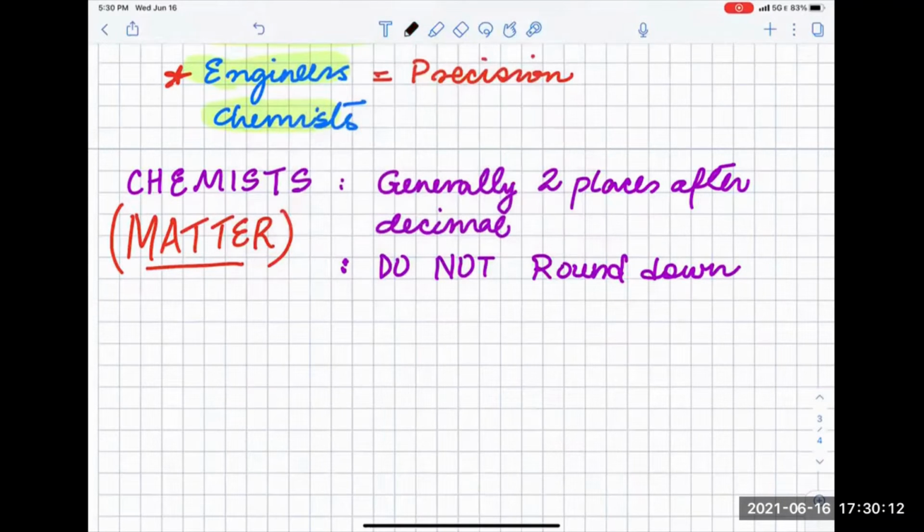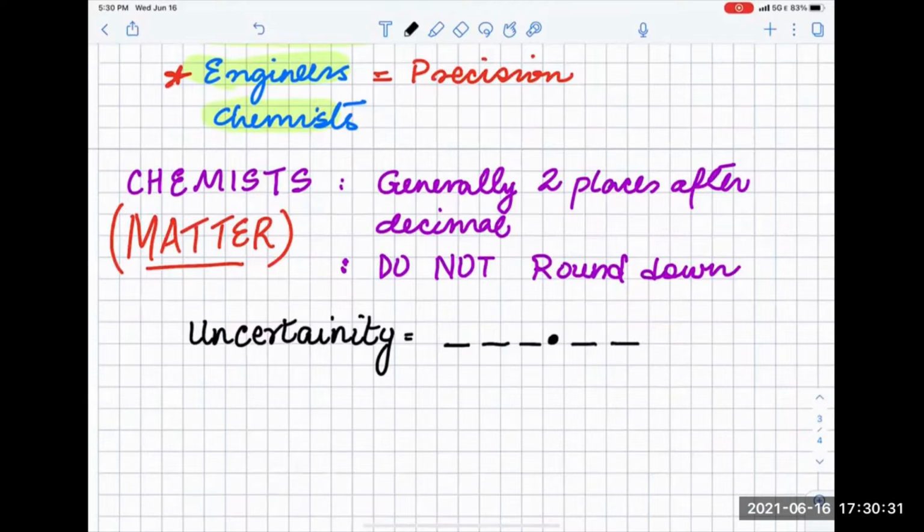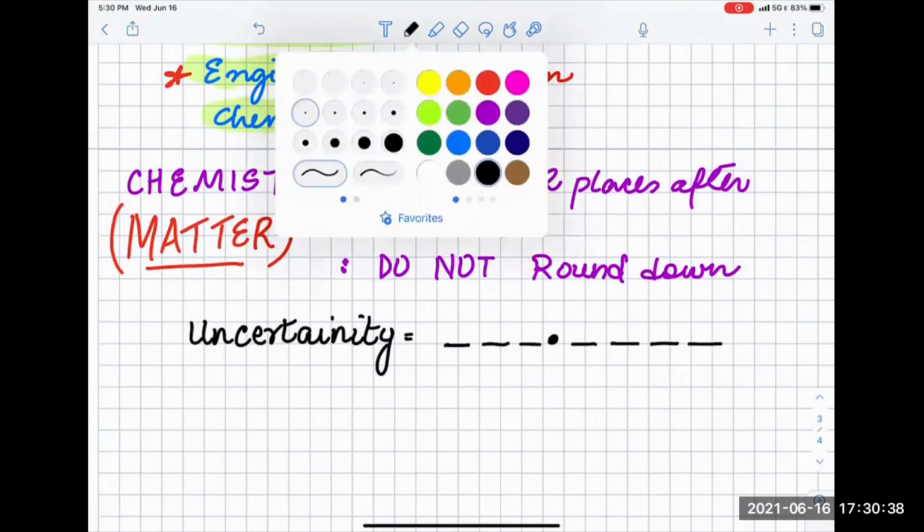Okay, now let's look at what we mean by uncertainty. You have a number here, 1, 2, 3, whatever these numbers are, then the decimal point, and then some places after the decimal. It depends upon the individual taking the data how far you need to go after the decimal.